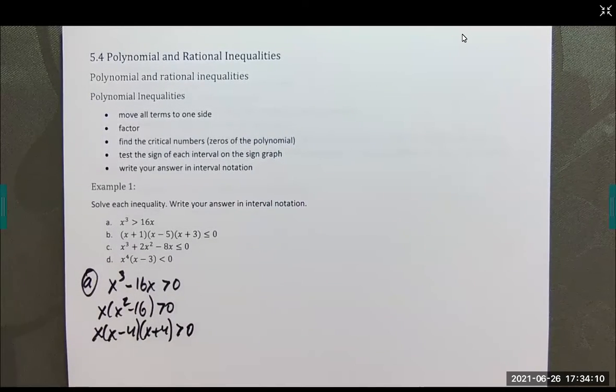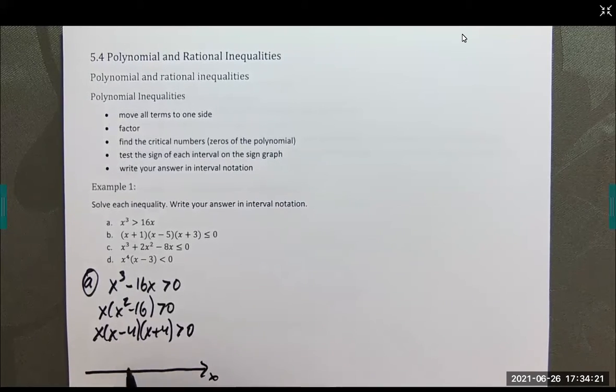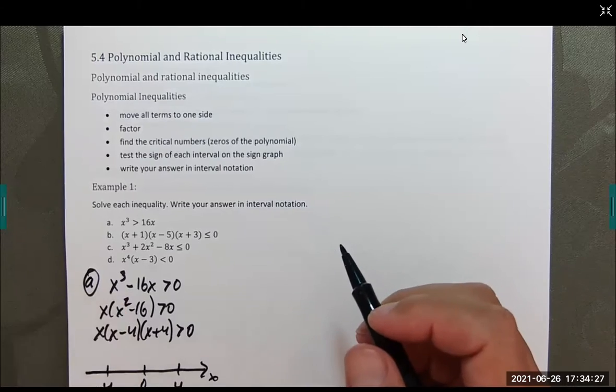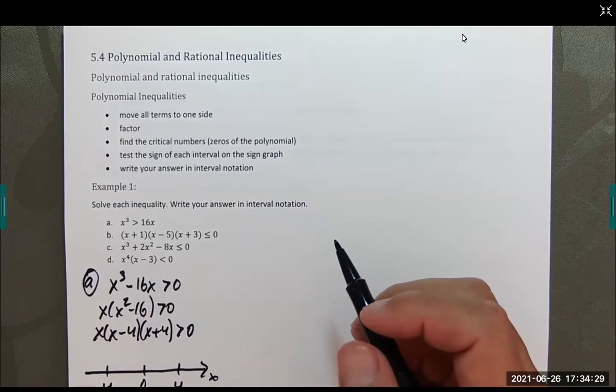And so these are my critical values. And we're going to use a skill that we already came up with to do this. We know -4, 0, 4. This is a third degree polynomial, and I'm going to pull this up from chapter 1.